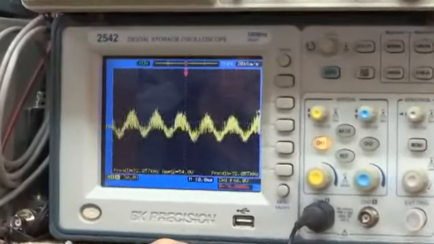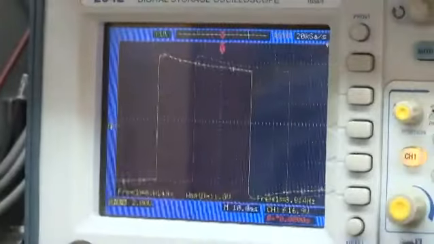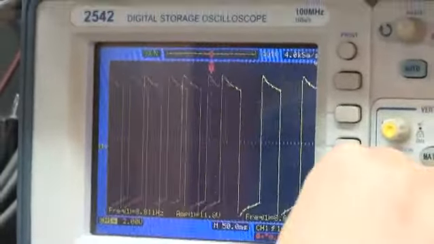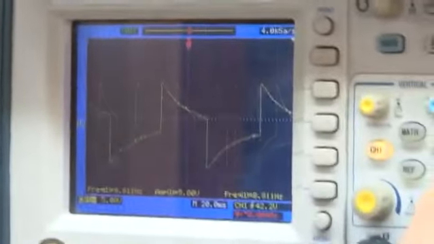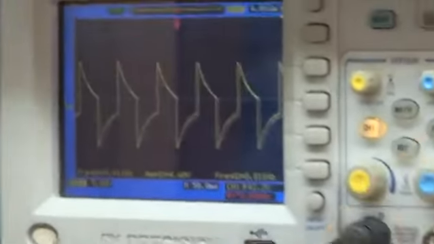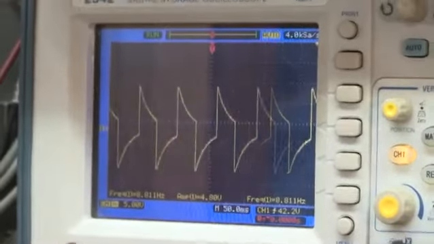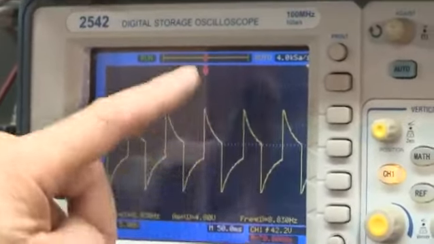So let's come out of the oscillator and look at it. Okay, there's the pump. So you can see the wave. So it's just on and off, on and off, on and off.